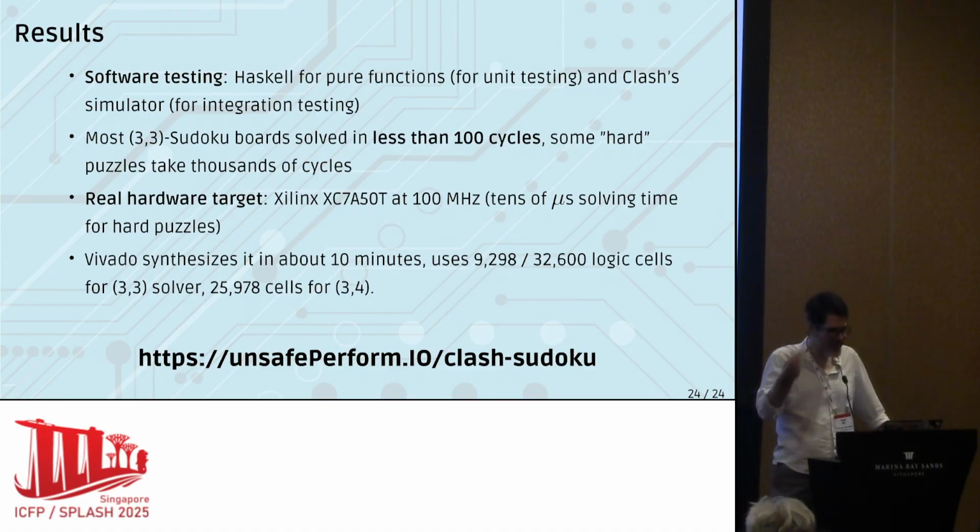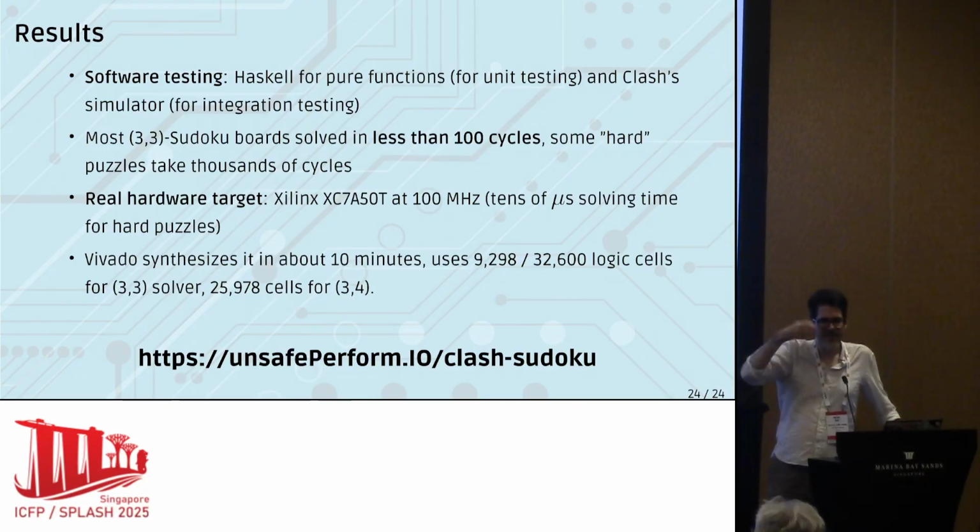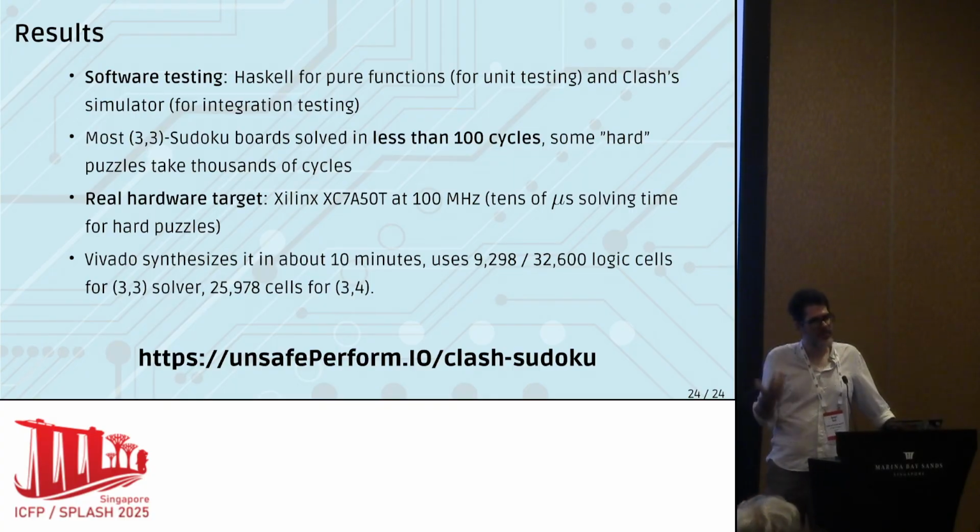So what is it that we achieved? First of all, it turns out that it's super nice to use Clash for anything because the testing on the software side is really easy. Most of this stuff, like all this monoid stuff, that's on the pure side, right? So you can just test that as normal pure Haskell functions using whatever Haskell testing methodology you want.